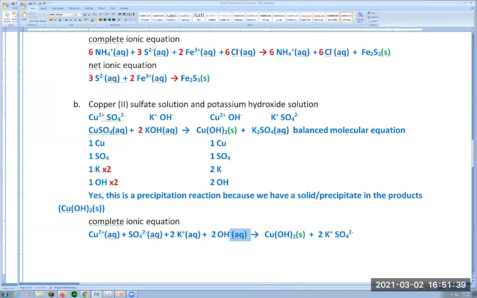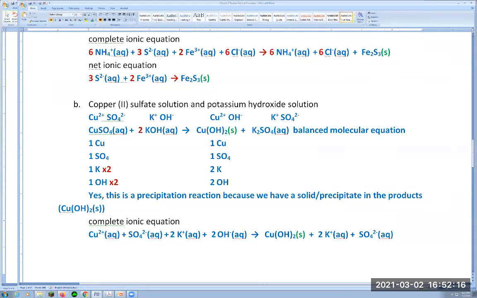And let me reuse that. So 2K plus, and then 1 SO4. So it is balanced, right? You have 2 OH here, 2 OH there, 1 copper, 1 copper, 1 SO4, 1 SO4, 2K plus, 2K plus. So that's our complete ionic equation.